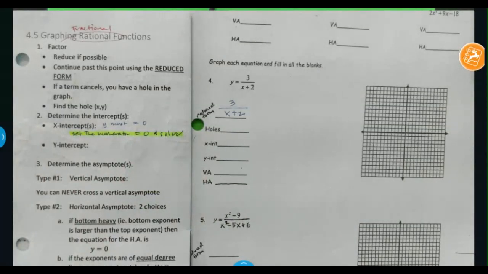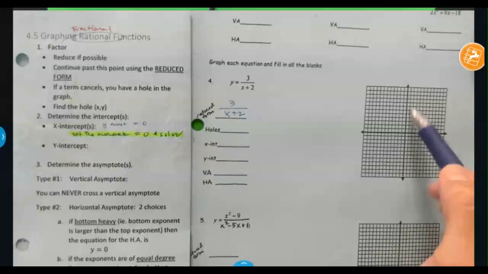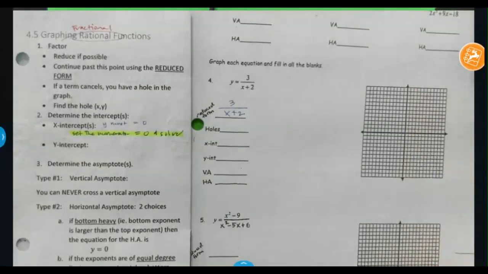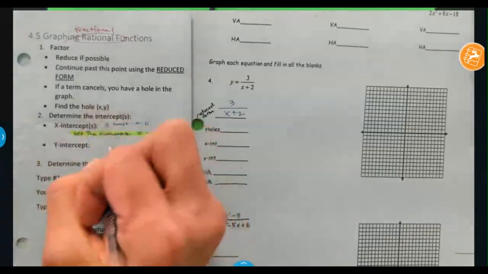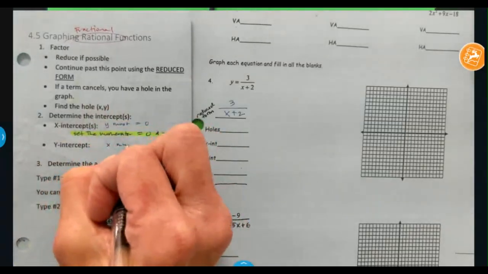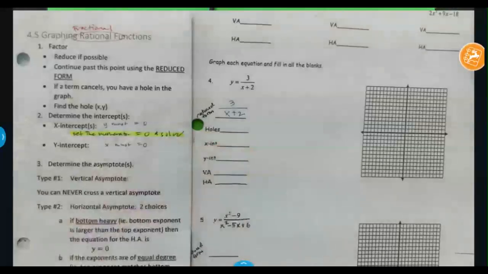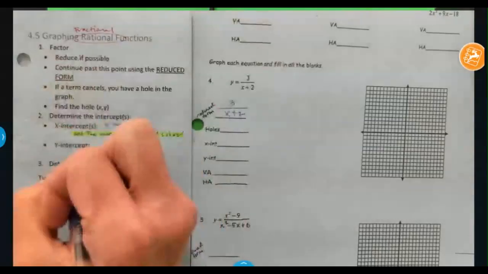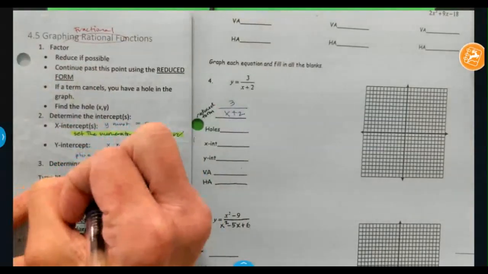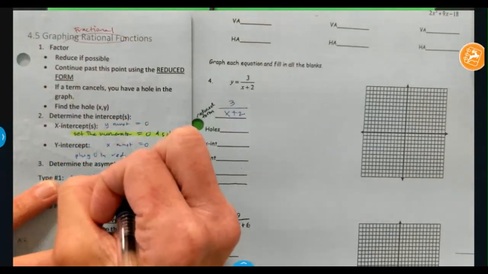The y-intercept, now think about this because we've done this quite a bit. The y-intercept falls on the y-axis. And what is x for any point that's ever existed on the y-axis? Right. So x must equal 0 if it's the y-intercept. So all you have to do is plug 0 in for x in reduced form.